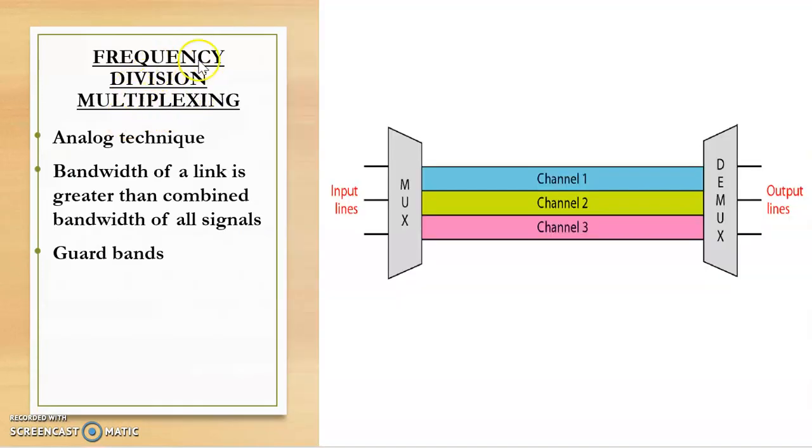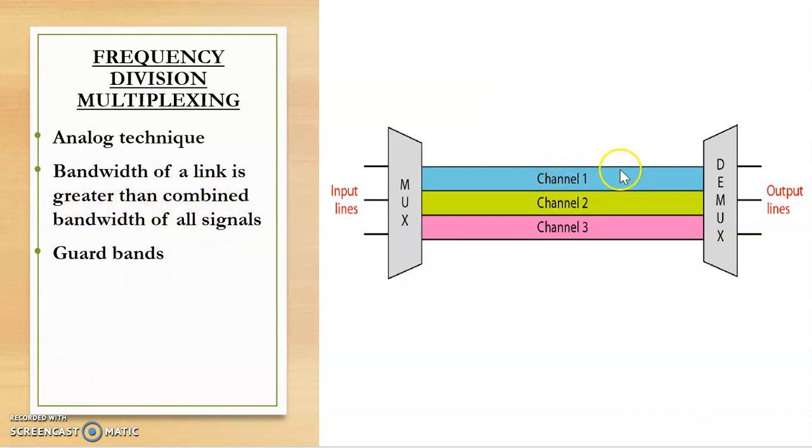So frequency division multiplexing is an analog technique, meaning it will be used for analog signals, and it is used when the bandwidth of the link is greater than the combined bandwidth of all the signals.